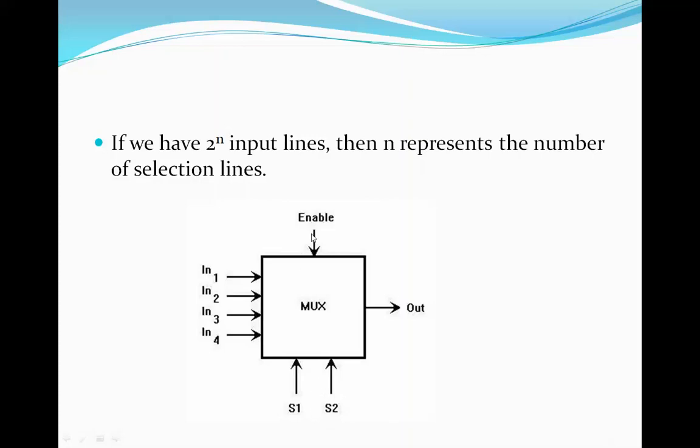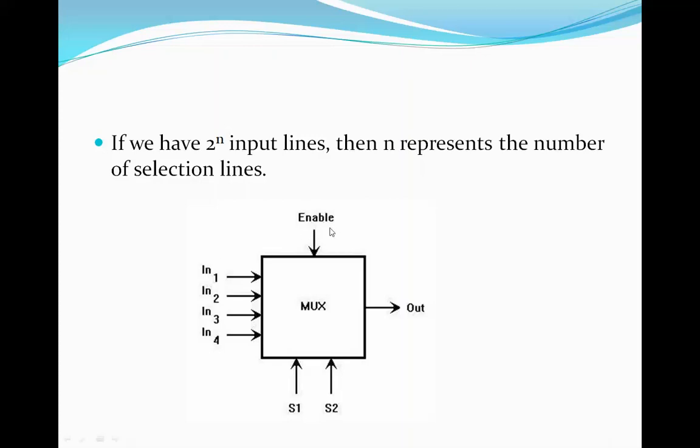And one more thing on a multiplexer circuit is the enable line. This enable line is basically required to switch this multiplexer on or off. So suppose in certain circuitry sometimes we don't want the multiplexer to function for a certain point of time. For a certain moment we just need that our multiplexer should not work.